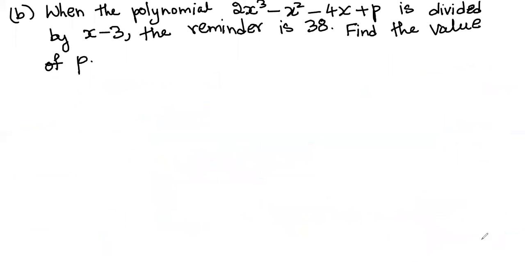Okay, let's see the next question. We have, when the polynomial 2x cubed minus x squared minus 4x plus p is divided by x minus 3, the remainder is 38. Find the value of p. So again, we will use the remainder theorem.